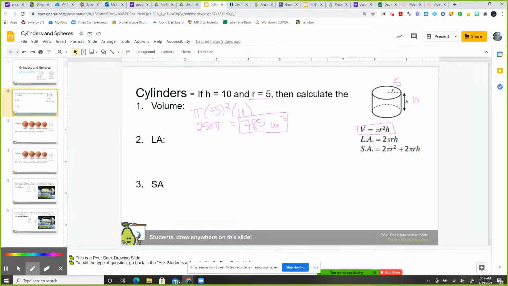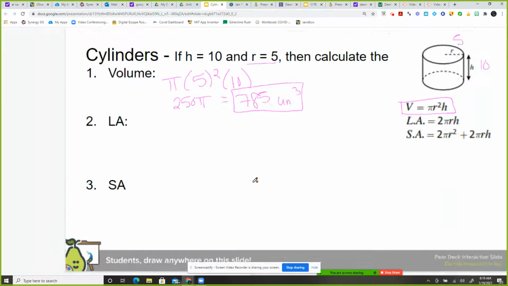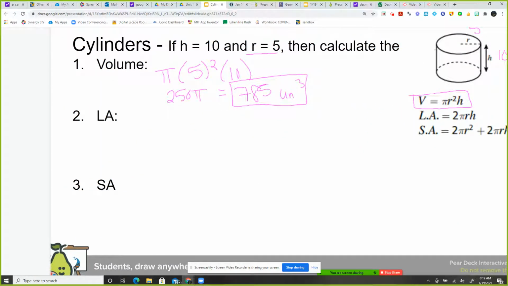So then lateral area. Remember, lateral area is the space around. When we're talking about lateral area, we're talking about like the soup can label, not the whole thing. So this is like the label. And LA and label start the same, so that's kind of easy to remember. 2 pi r h, so we just substitute 5 times 10.